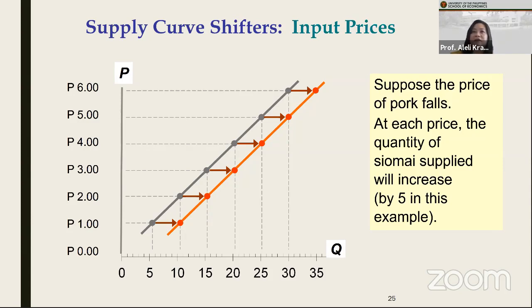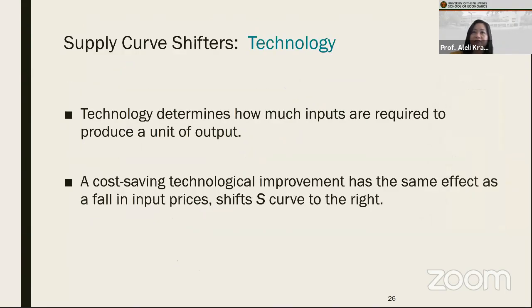All right. What about another factor? Technology. Technology determines how much inputs are required to produce a unit of output. So that a cost-saving technological improvement has the same effect as a fall in input prices. It shifts the supply curve to the right. Suppose that before, each siomai has to be formed by hand.